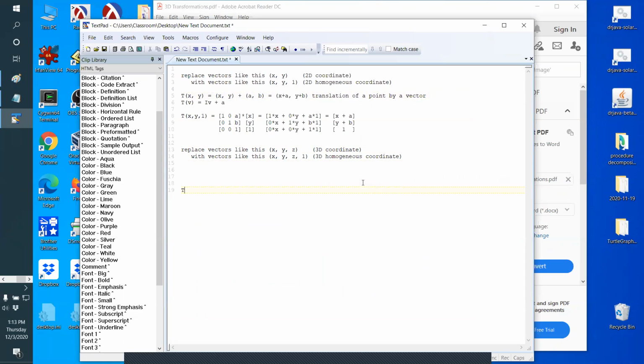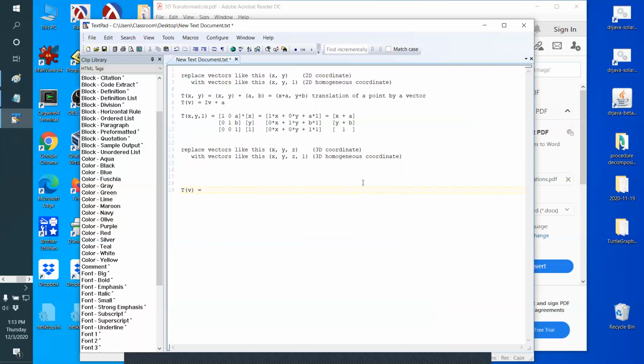Suppose you wanted to transform a vector with a whole bunch of matrices. So matrix 1 times matrix 2 times matrix 3 times matrix 4 times matrix 5. Well, actually, let me rewrite.